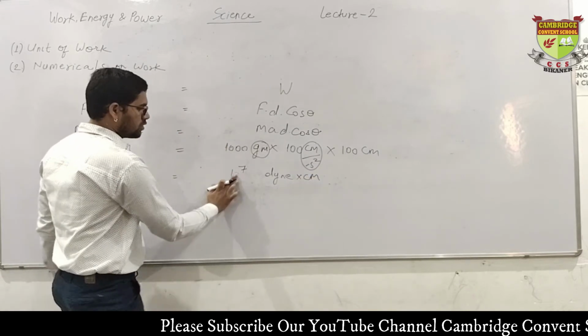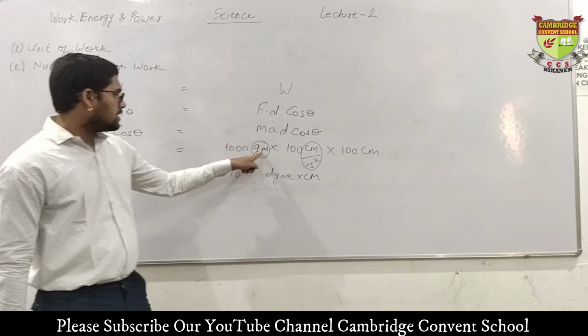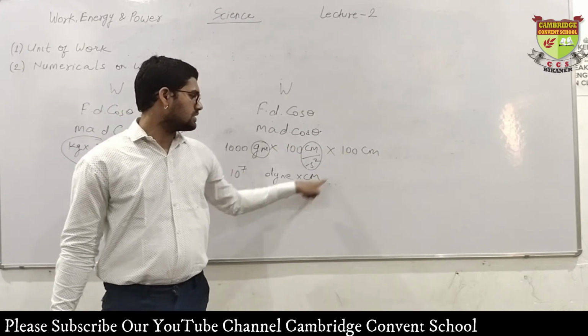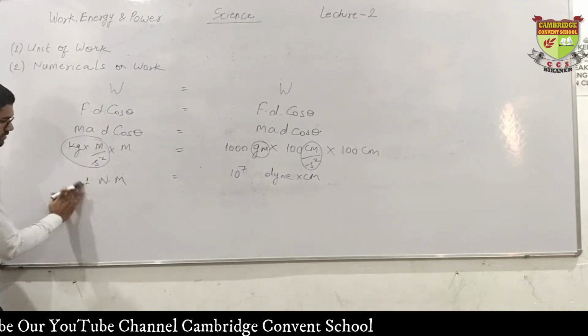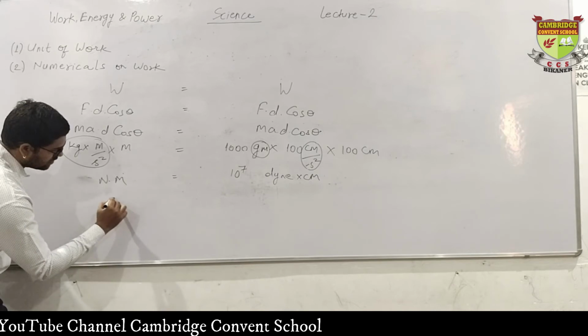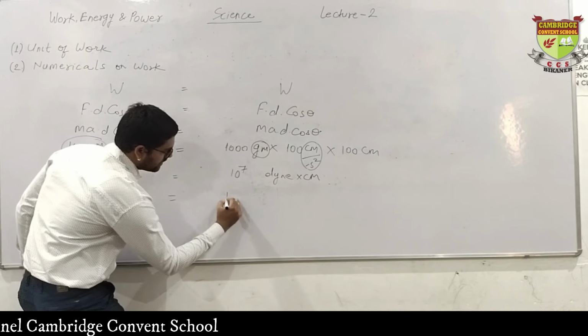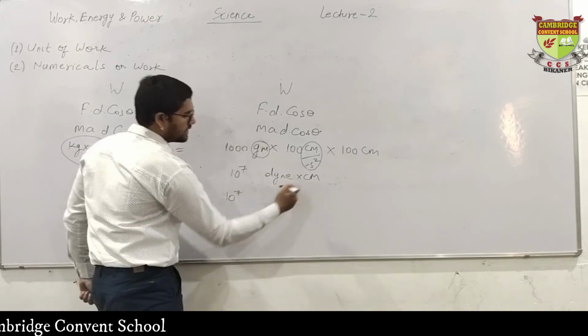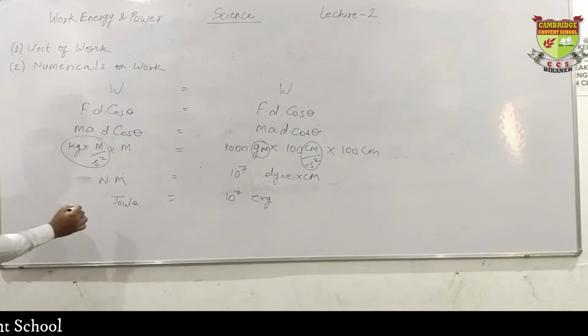I hope it is clear to you. 10 raised to power 7. These things are dyne and this is centimeter. Newton into meter is joule. This is 10 raised to power 7, dyne into centimeter is erg.